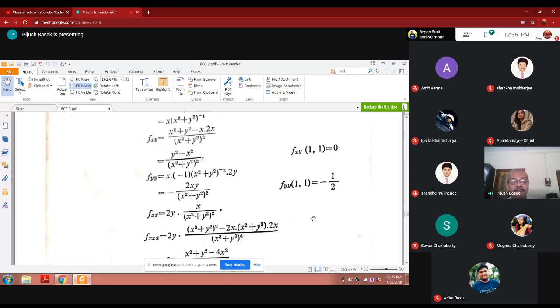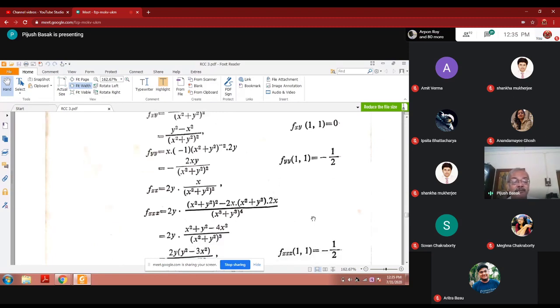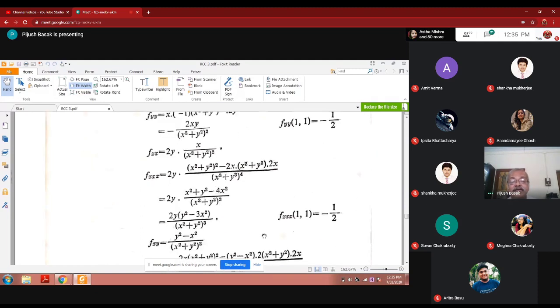So fxx. fxxx, that is the third derivative with respect to x. One first derivative, second derivative, and then the third derivative is this. And so fxxx at (1,1) is equal to minus 1.